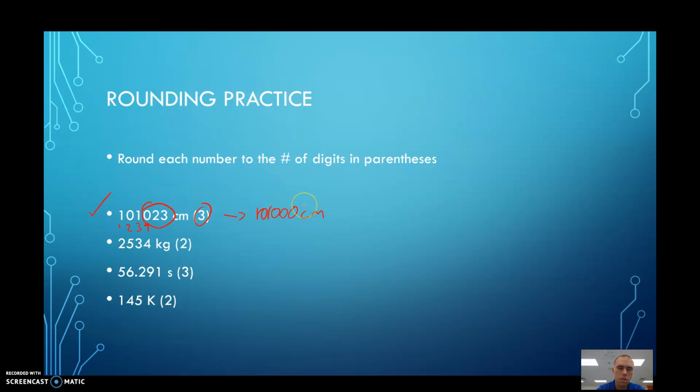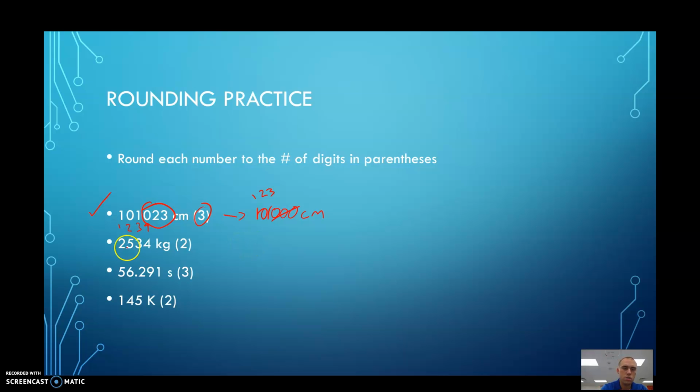And this becomes centimeters. Now if I were to look just at this number and count my sig figs, there's 1, 2, 3, and then trailing zeros don't count if there's no decimal point, and there's not. So those numbers are not significant.